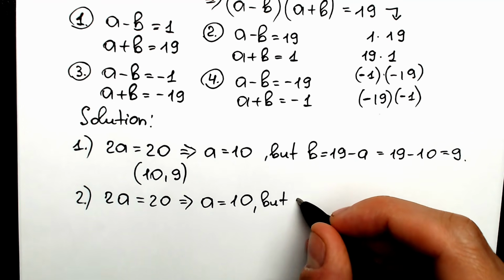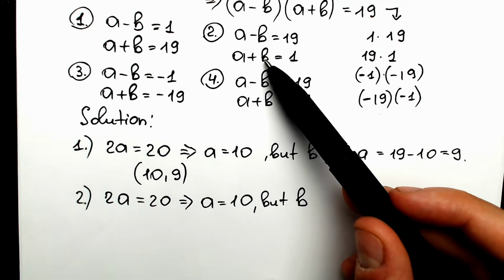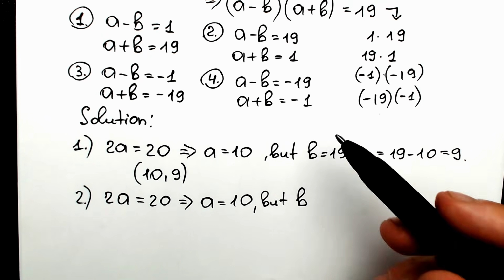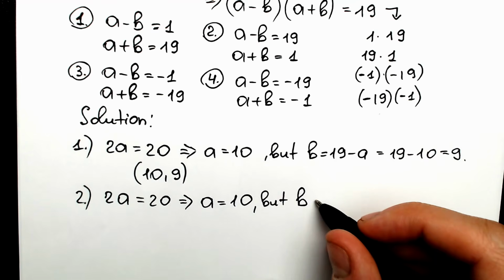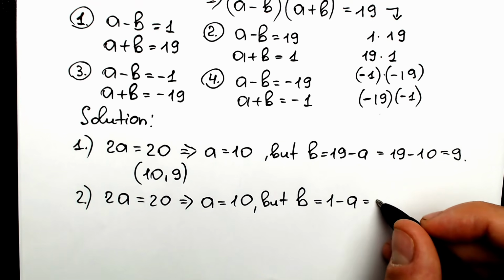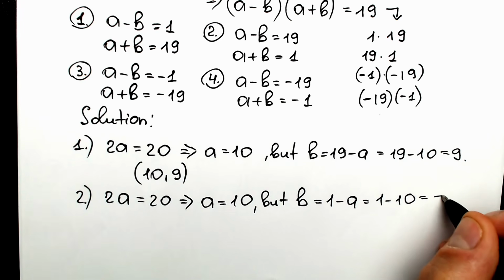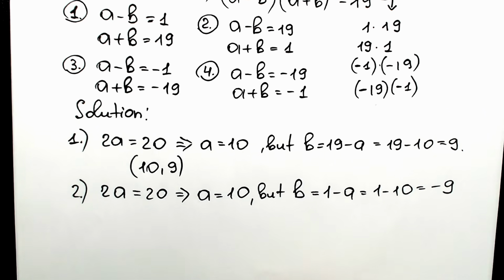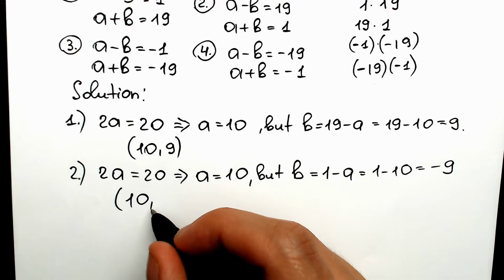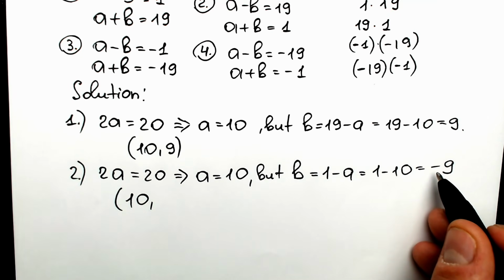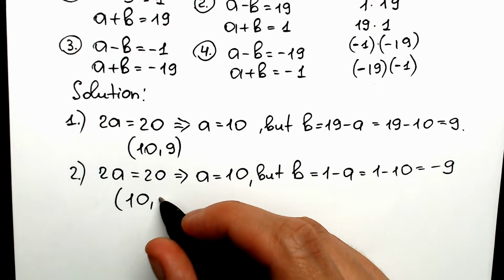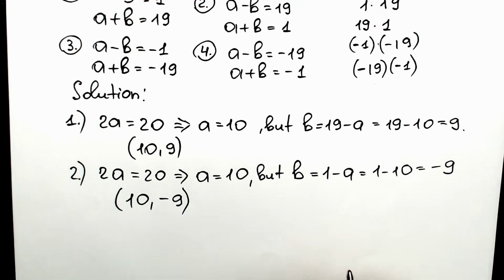How can we express this b? b equal to 1 minus a. So we have 1 minus 10 equal to minus 9. And we have our second pair: a equal to 10 and b equal to minus 9.